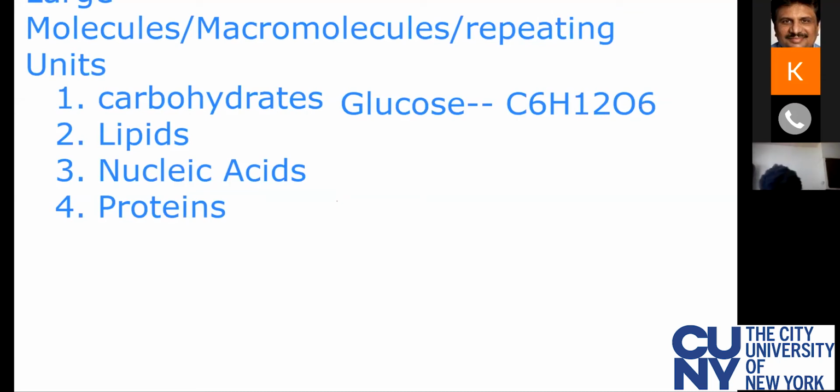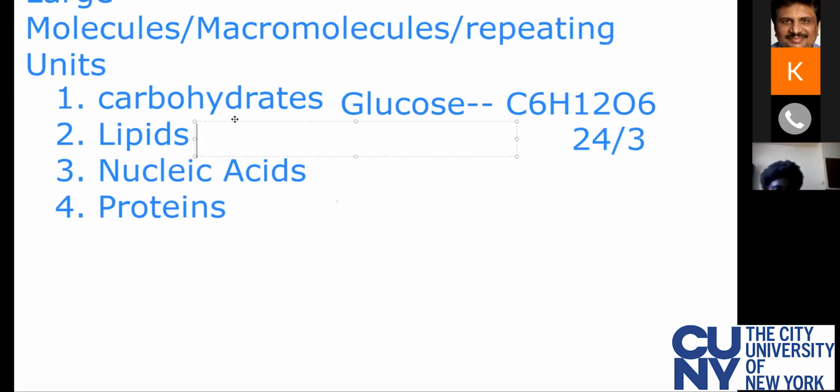So 24 total atoms and 3 different types of atoms. What are the 3 atoms? Carbon, hydrogen, and oxygen.